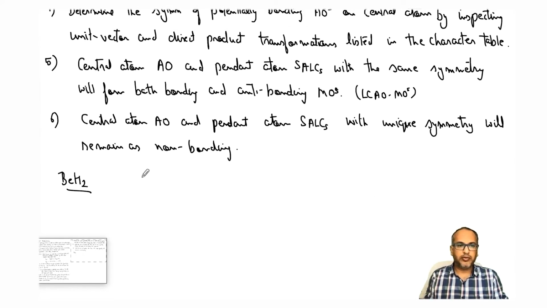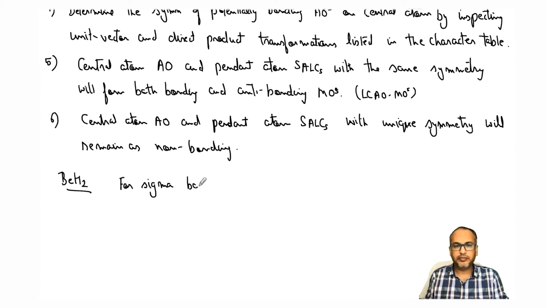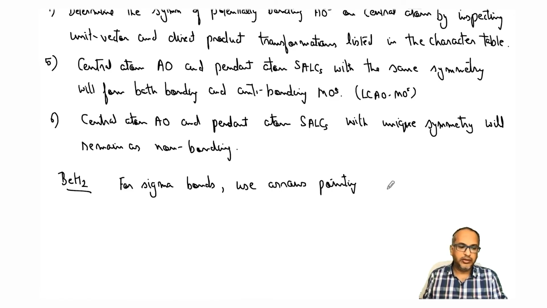So we will say for sigma bonds, use arrows pointing along the internuclear axis.